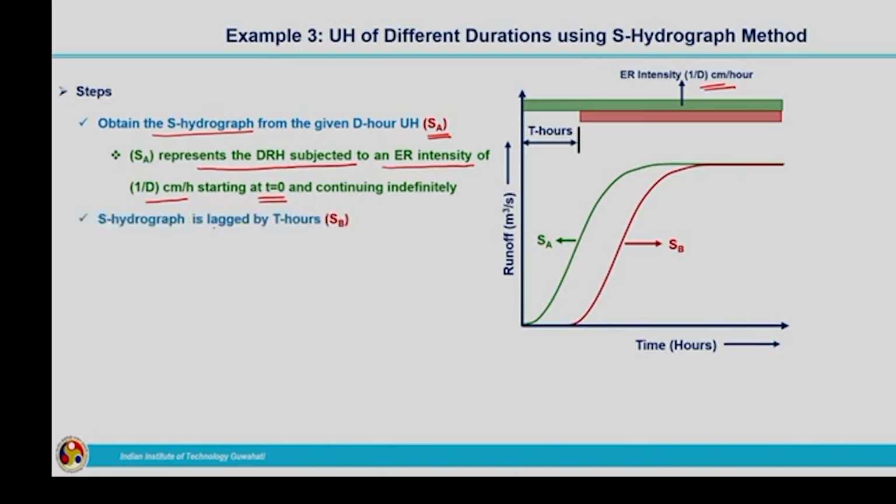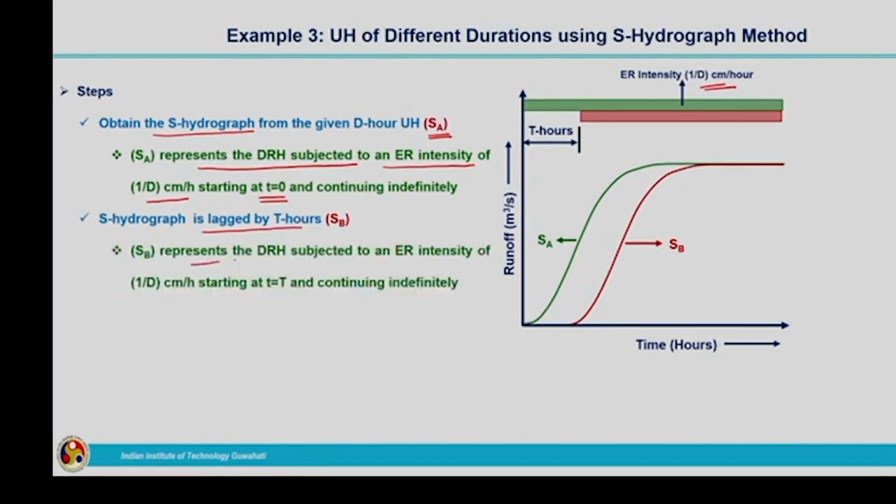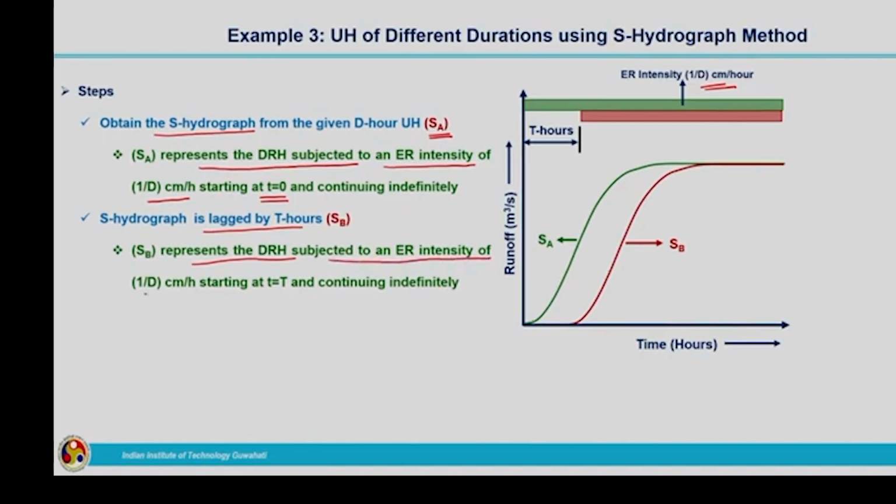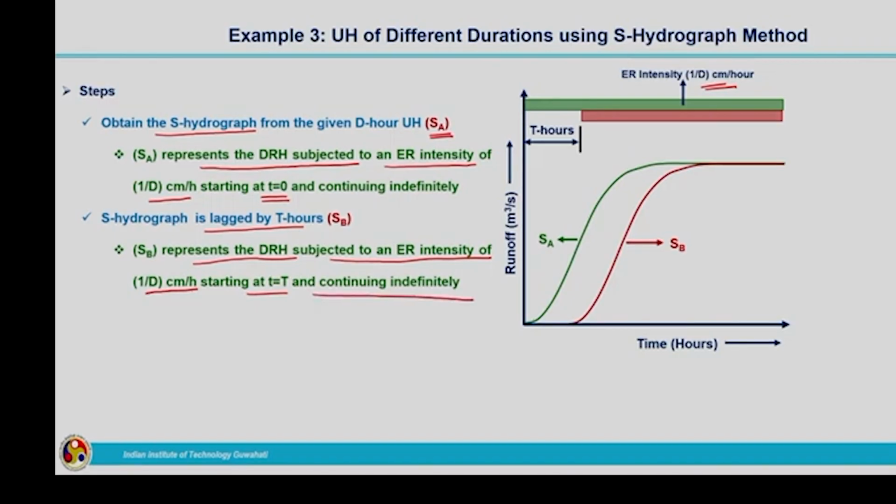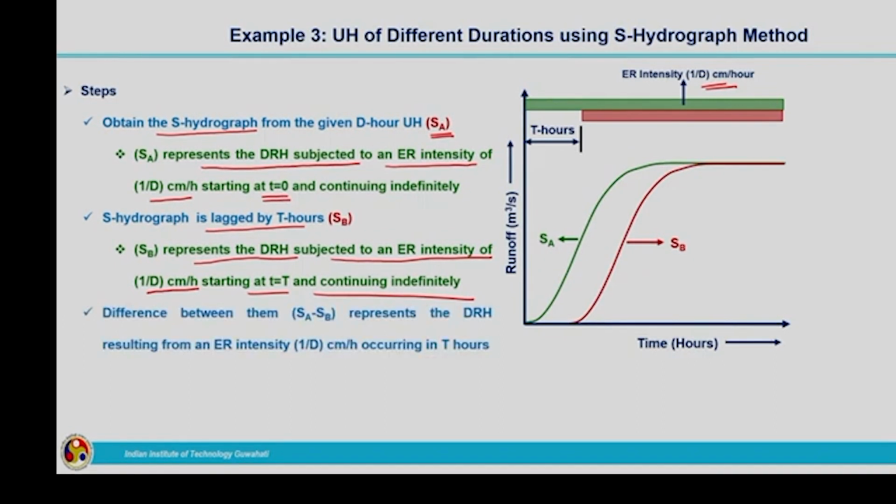For that, we are going to lag the developed S hydrograph by T hours. And this SB is representing the direct runoff hydrograph subjected to an effective rainfall intensity of the same amount, that is 1 by d centimeters per hour, starting at time t equal to capital T and continuing indefinitely. These concepts you already know, but just before solving the example, I am just refreshing the steps behind it.